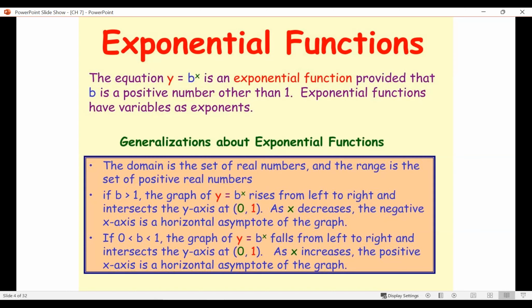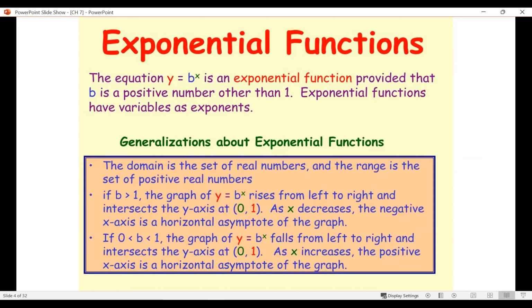The domain, meaning the x values you can plug in, is going to be the set of real numbers. The range, though, is just going to be positive real numbers. And this is assuming that we have no shifts. If we have any shifts, then it could change our range, right?